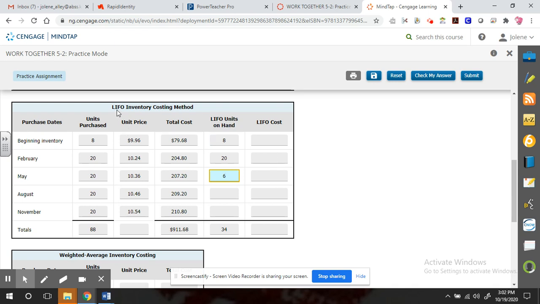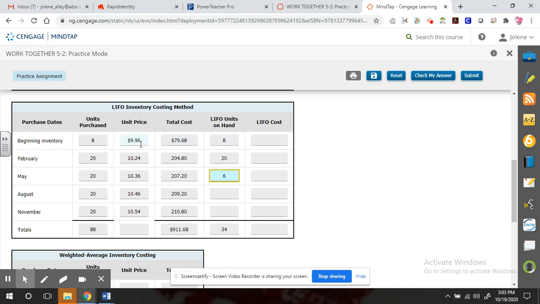So last in, first out means the stuff that came in most recently goes out first. And this is the type of inventory you can use on things that don't expire, like air filters. Okay, you can certainly use this. Tires are not going to expire. Golf balls are not going to expire.